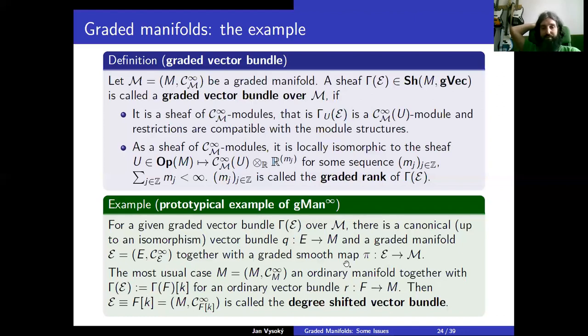Therefore there is a unique, up to diffeomorphism, graded manifold structure, which is called the degree shifted vector bundle. So from every ordinary vector bundle I can construct a graded manifold, called the degree shifted vector bundle. This is the most important example of a graded manifold.